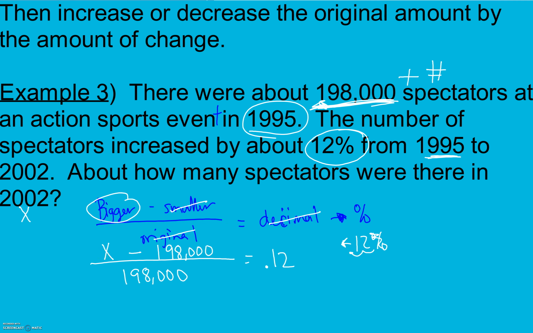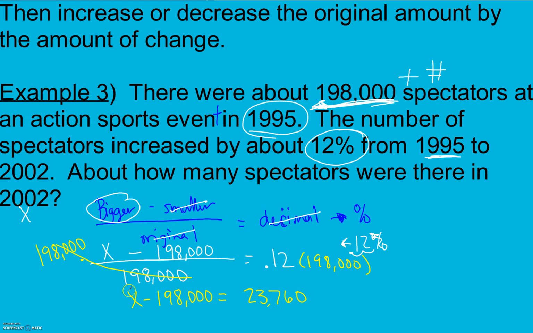Now, to solve this equation, I have to get rid of the division first. So I'm going to multiply both sides by 198,000. We get x minus 198,000 equals 23,760.